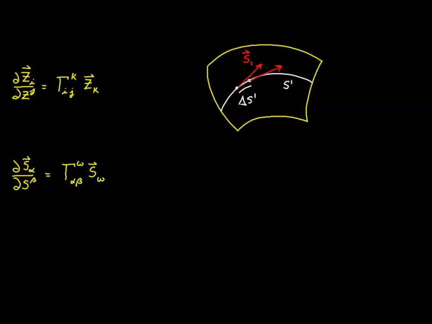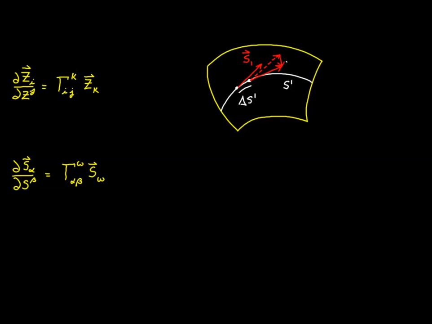So if we look at it this way, let's draw a parallel vector right here. I'll use dashed lines for this. This is a vector that is parallel to, equal to, the original S1 vector over here. So the change of our vector as we move S1 from here to here is this little line right here.